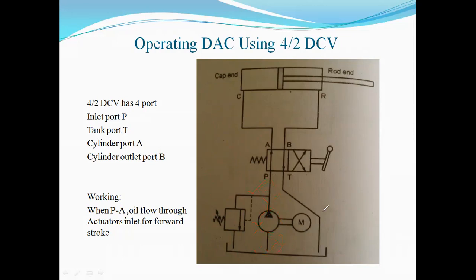The last one is the outline filter. The outline filter is connected to the outline, also called the return line filter, so that the total oil after the system, before passing towards the tank, is filtered at this portion. There is again an advantage of the filter: it can minimize the temperature of the oil.